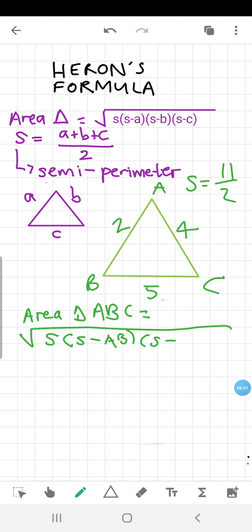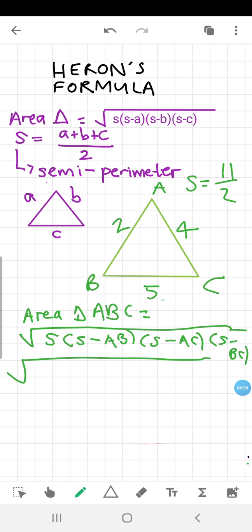Semi-perimeter minus AC, semi-perimeter minus BC. Please remember that that's all under the square root.